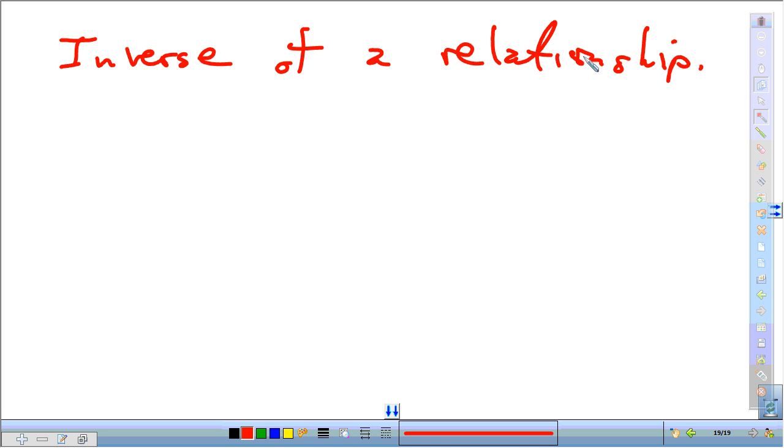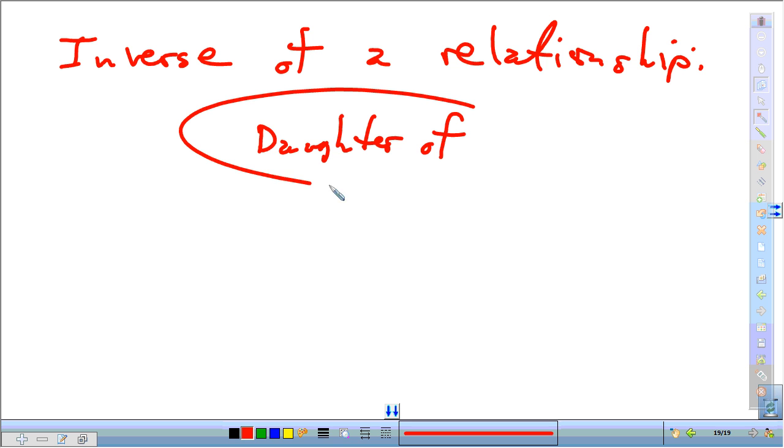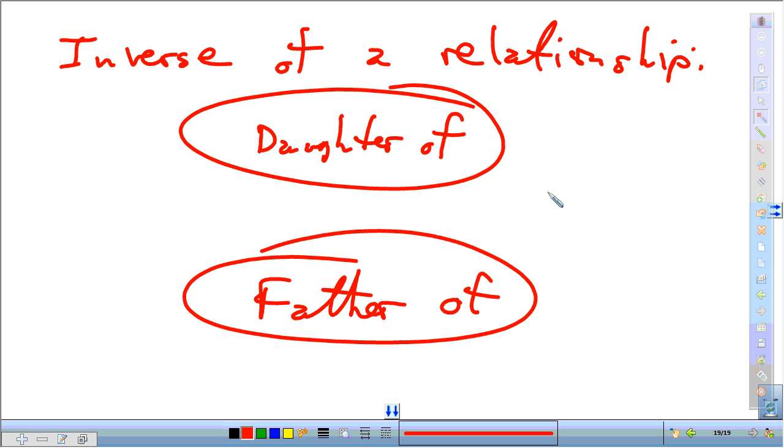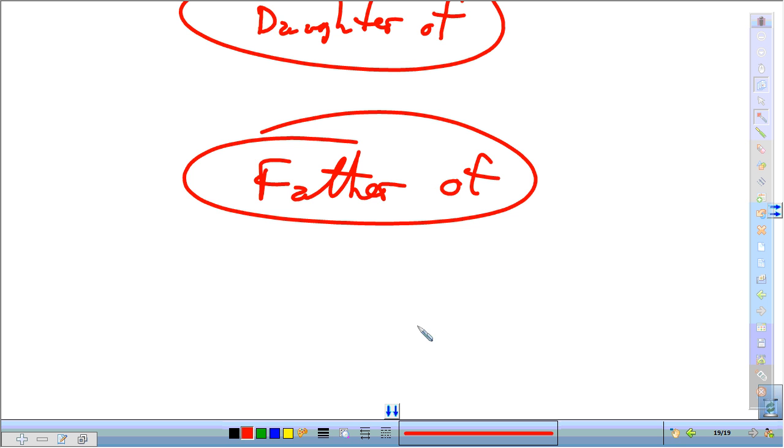So if we looked at the daughter of relationship, we might also consider the father of relationship. And we're looking at the same sets, but in reverse order. So in the daughter of, we have Al related to Jan because Jan is the daughter of Al.